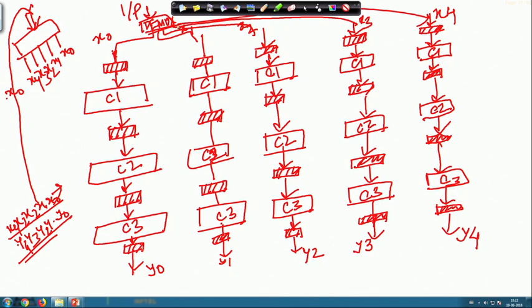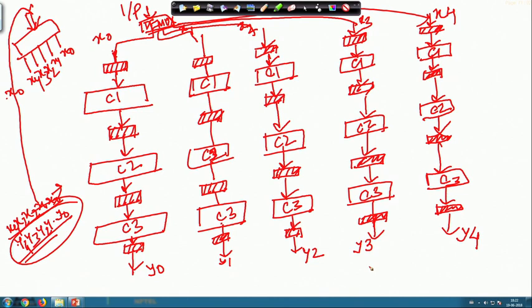And in the opposite manner, here I am producing y0, y1, y2, y3, y4 in parallel, but I need the output in a serial manner. So in this case, I require a parallel to serial converter.